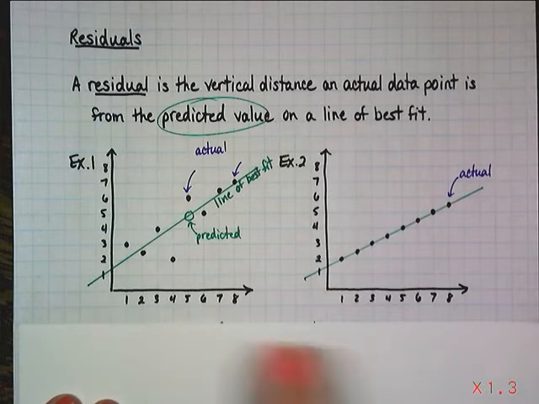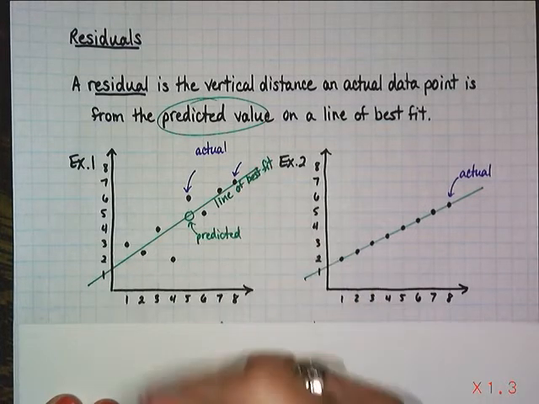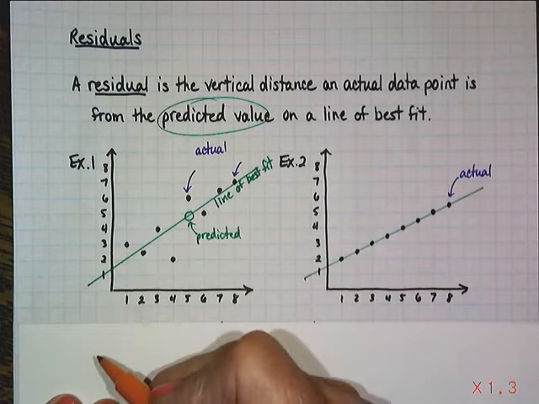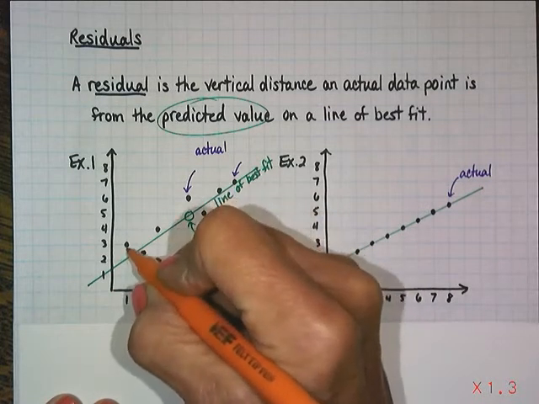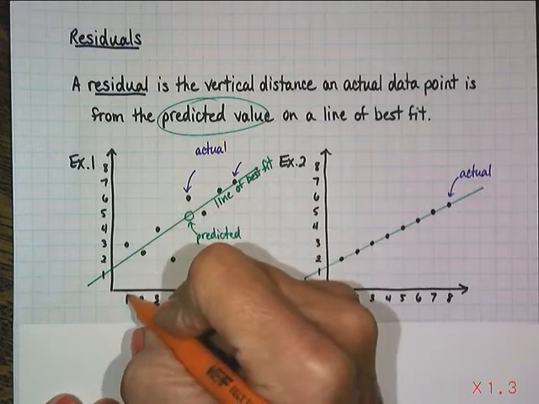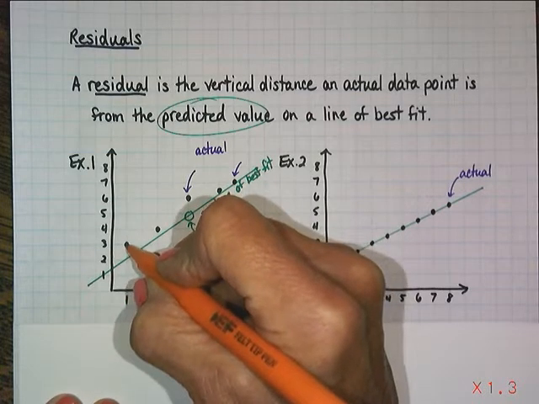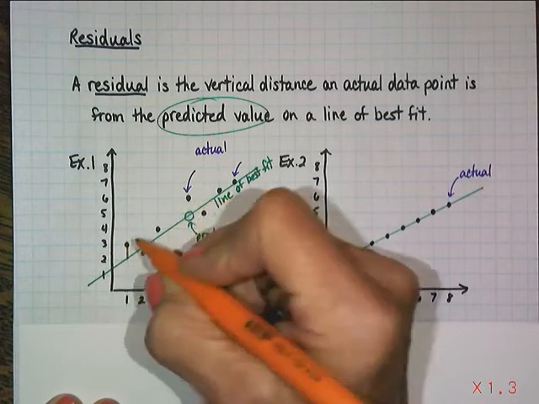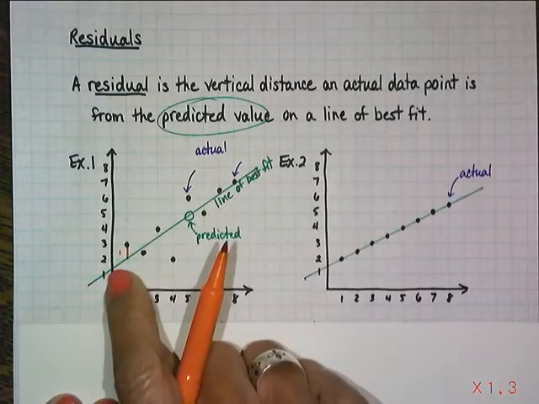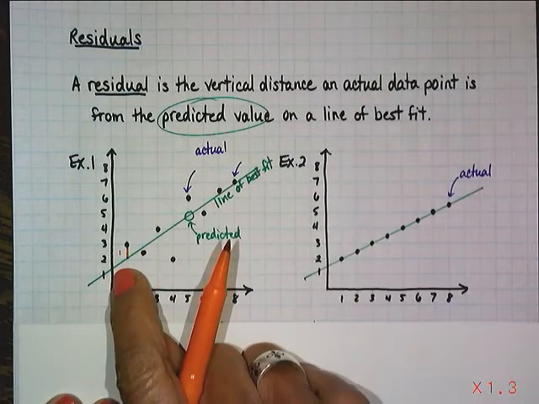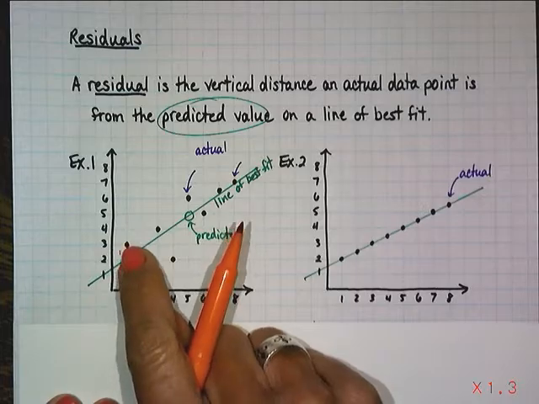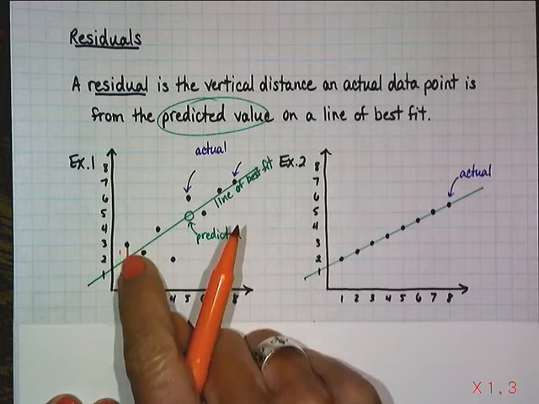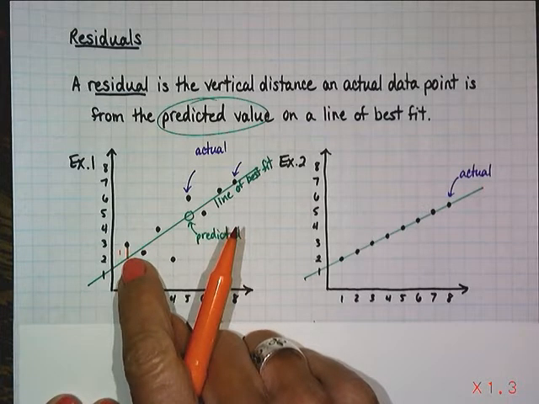In my first example, since my line doesn't pass through every point, here's what we mean by this concept of residual. When x is a 1, the actual data point is about 1 unit away from the predicted line of best fit. I would say this point has a residual of 1, a leftover distance, a separate amount from the actual amount.